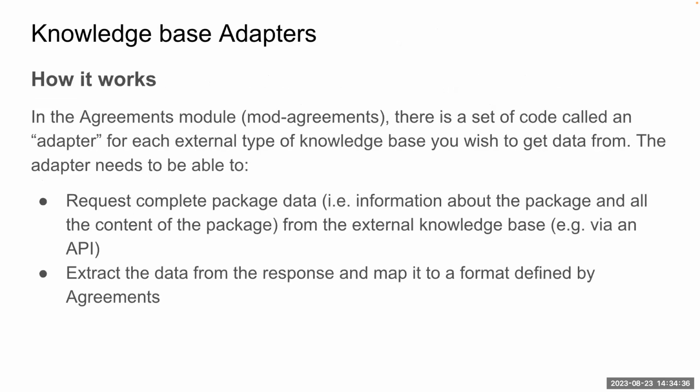So, knowledge base adapters. In the agreements module, and the piece of software I'm talking about here is called mod-agreements. It doesn't really matter day to day, but that's what it's called in the way FOLIO apps are developed. There's a set of code called an adapter, and for each external type of knowledge base you wish to get data from, there needs to be an adapter that knows how to talk to that knowledge base, how to get data from it and put it into the local knowledge base.